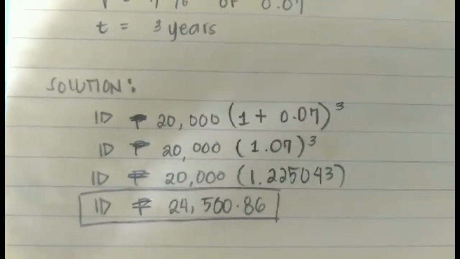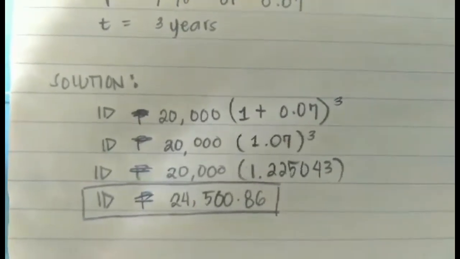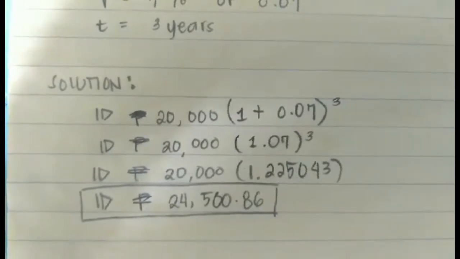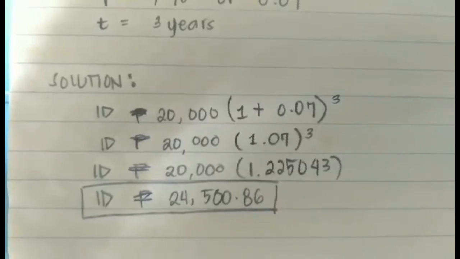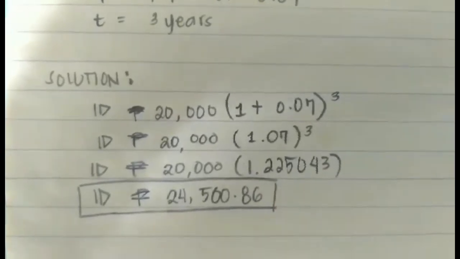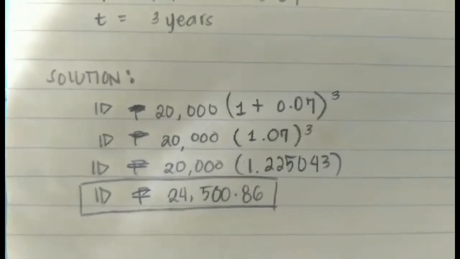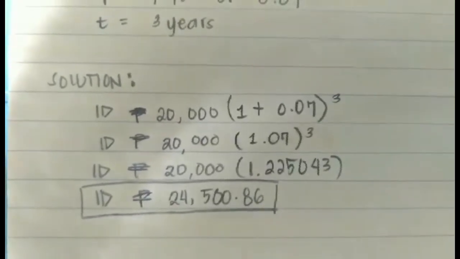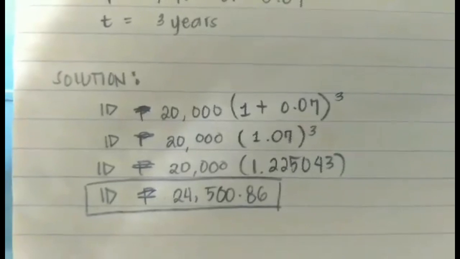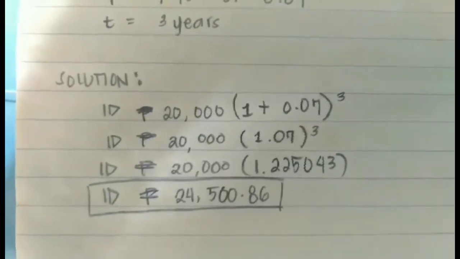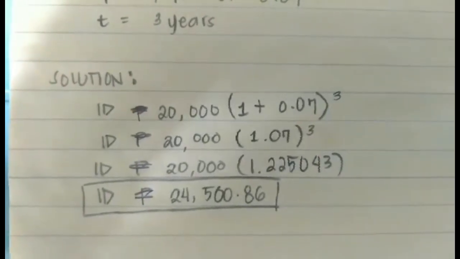Let's simplify 1.07 raised to 3. We're going to have 1.225043. And then, get the product of 20,000 and 1.225043. The final answer is 24,500.86.